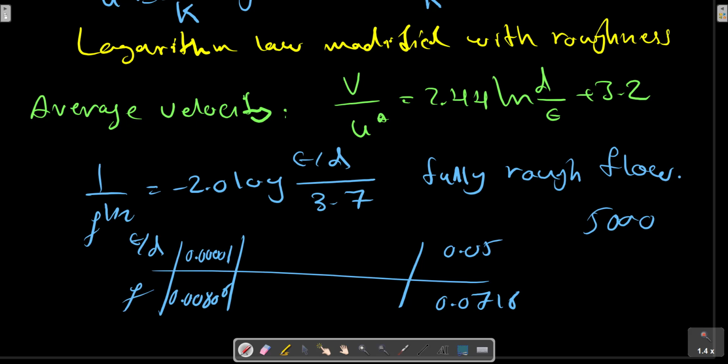The next chart, an important chart in pipe flow, is the Moody chart.